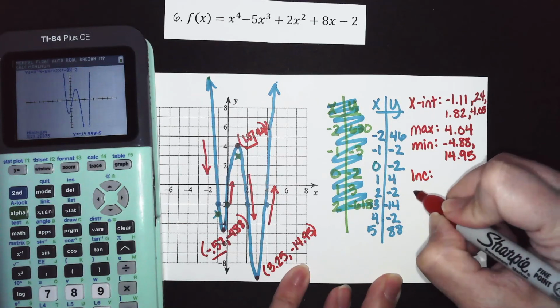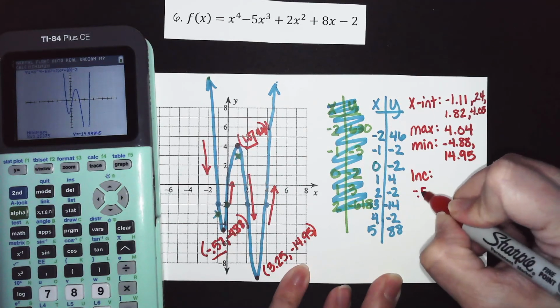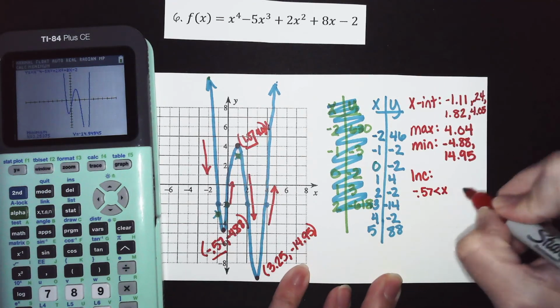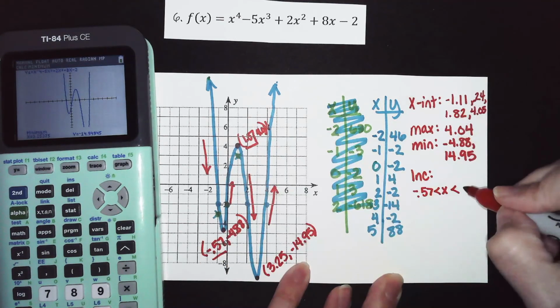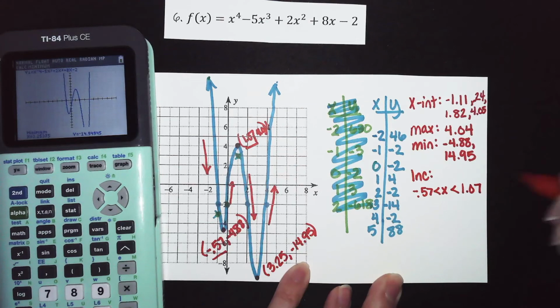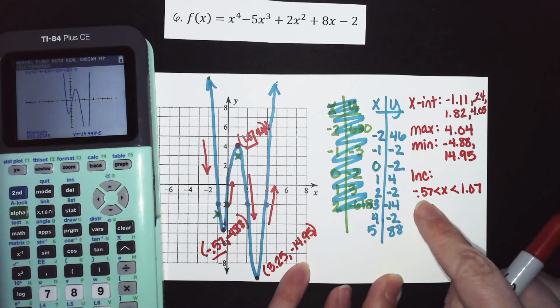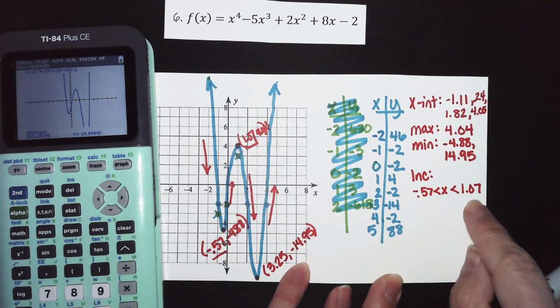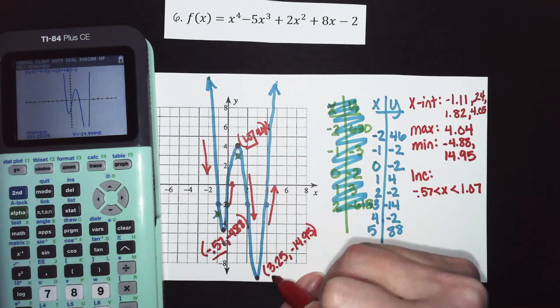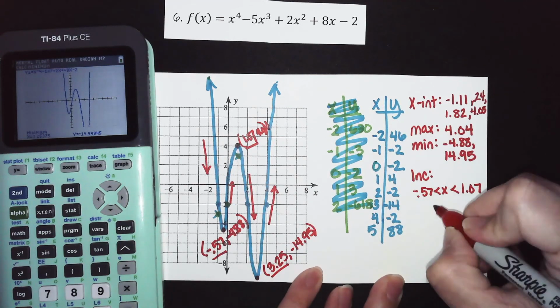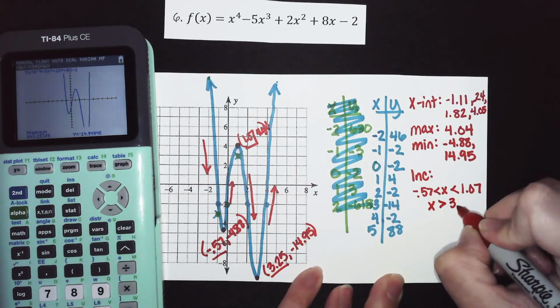So it's increasing when negative 0.57 is less than x, because that's the one on the left, and the one on the right is 1.07. So x is greater than negative 0.57 but less than 1.07. And then I have another up arrow here when x gets bigger than 3.25. So x needs to be greater than 3.25.